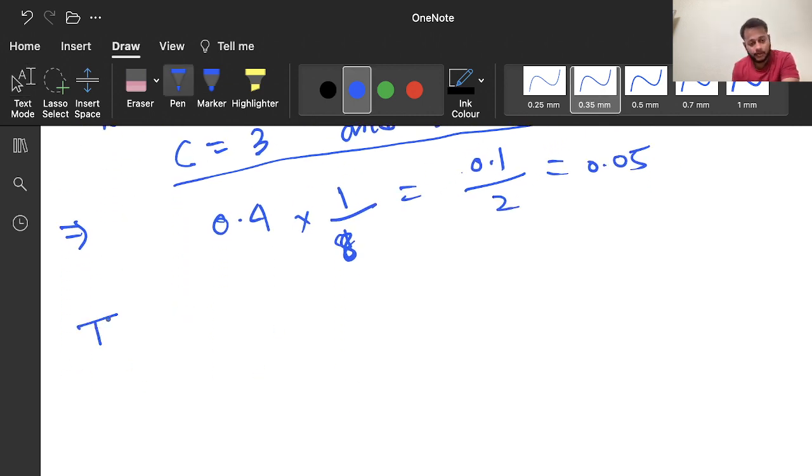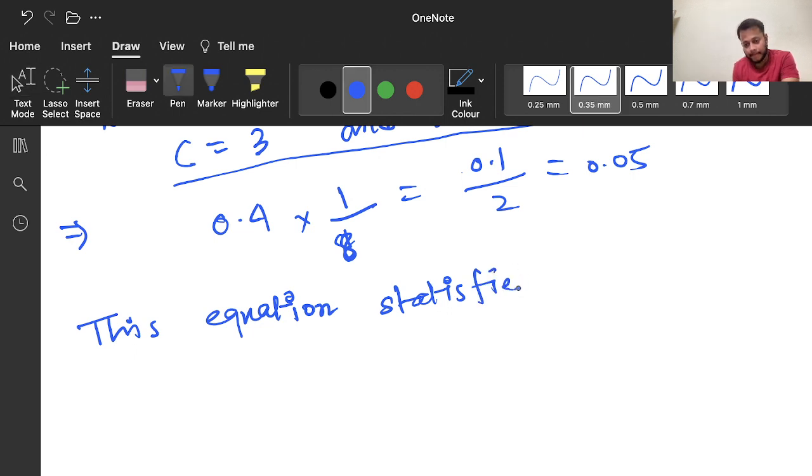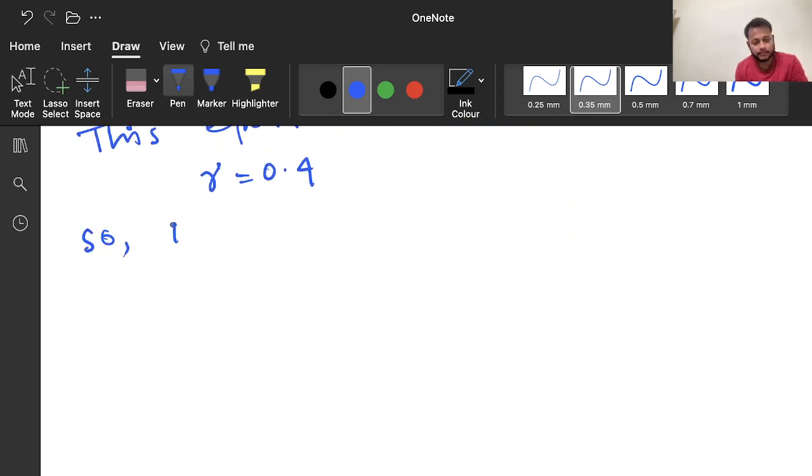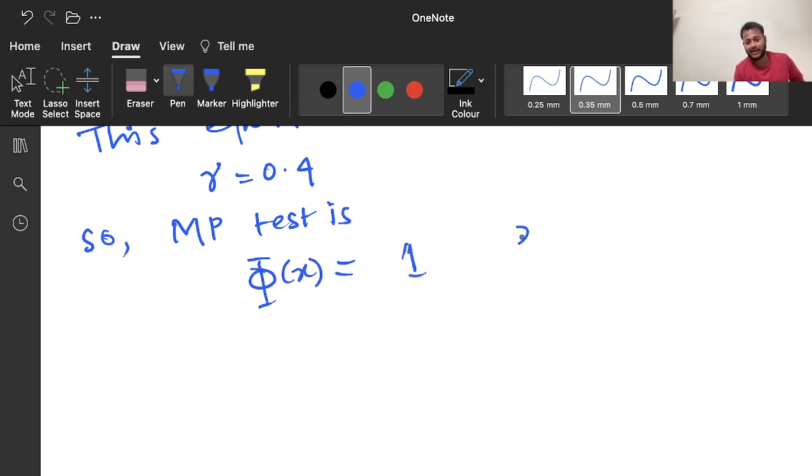So this equation is satisfied only when c equal to 3 and gamma is 0.4. So the MP test is to reject the null hypothesis when x is 3.